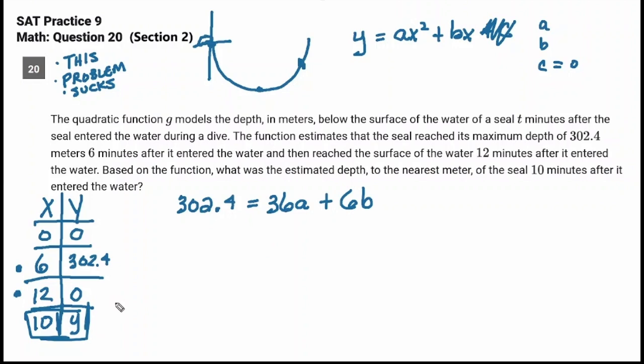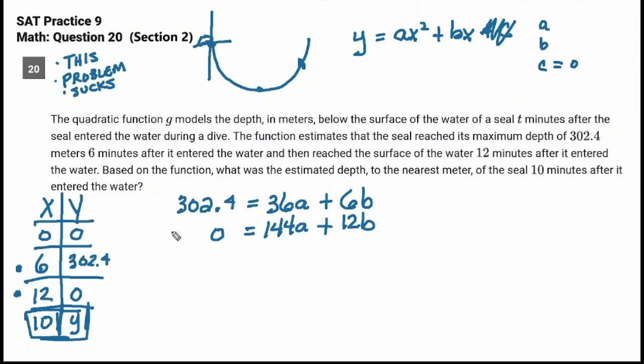All right, now I'm going to do my next point. y is 0 equals, I still don't know what a is, but I know that x is 12. 12 squared is 144, so 144a. Still don't know what b is, but I know that x is 12, so 12b. When I have two equations, my goal is to add them or subtract them to make something go away.